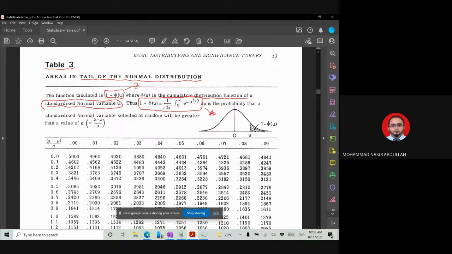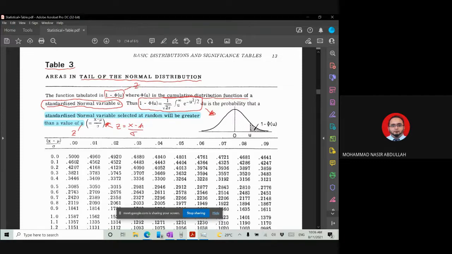It says a standard normal variable selected at random will be greater than the value of Z. So we look at the formula: Z is equal to X minus mu divided by sigma.